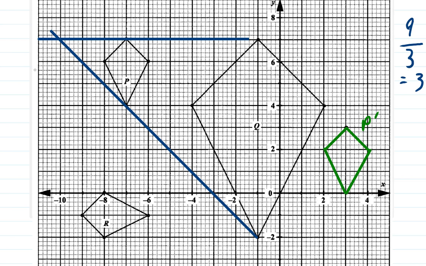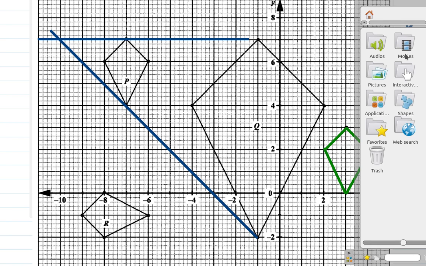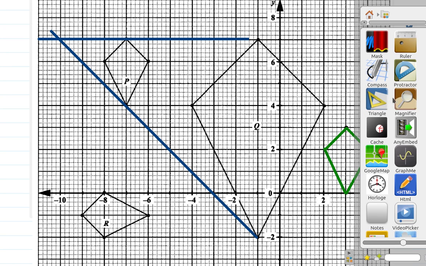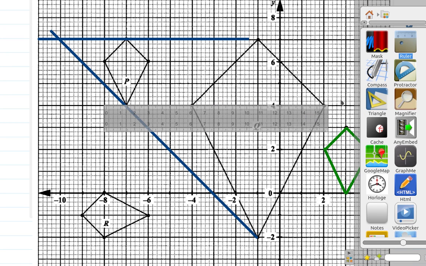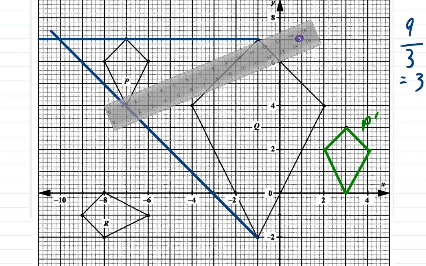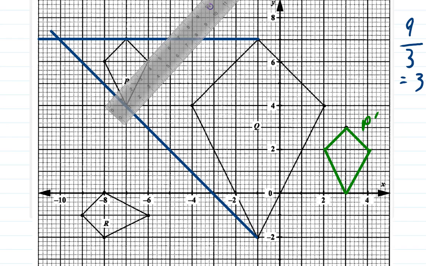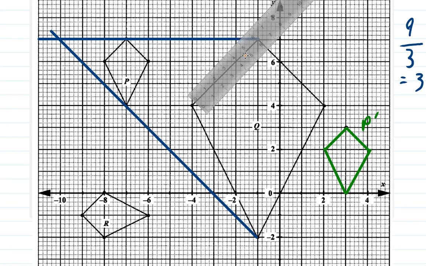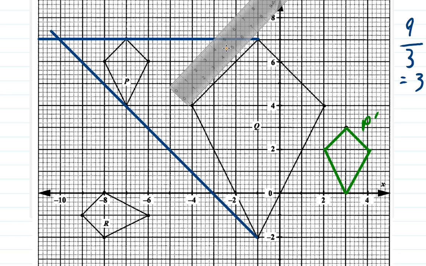And we could measure it, right? Just to make sure and see if it is really so. I want a ruler. Where's the ruler? Nice. Here's my ruler. Let us measure the length of this side.